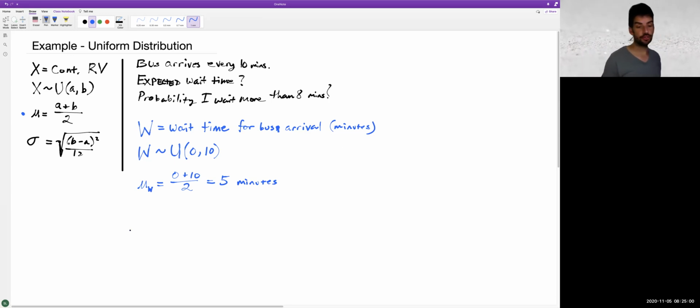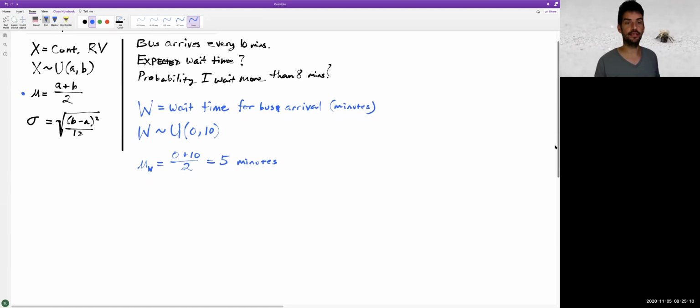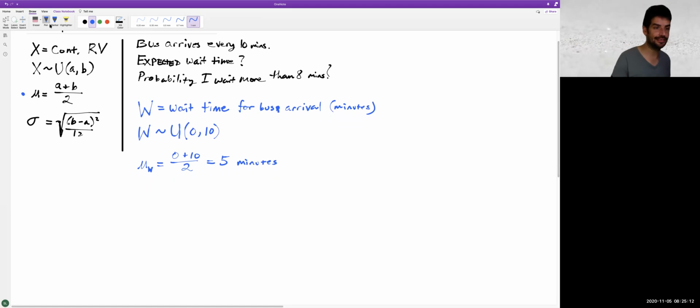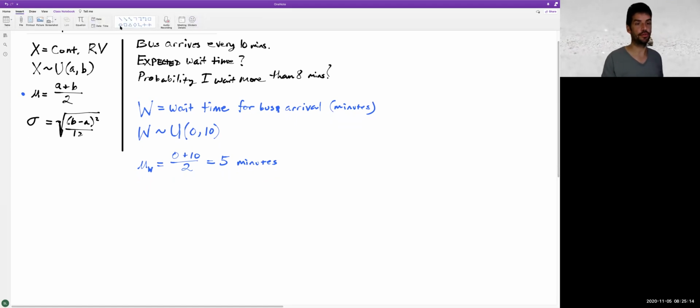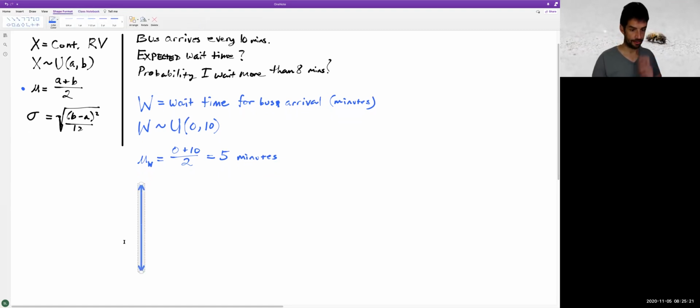Okay, so let's now look at the probability. And for the probability, I want to go ahead and make a graph. Again, this isn't absolutely strictly necessary, but I think it's worthwhile to do, especially in the beginning. So I'm going to give myself a little graph here.